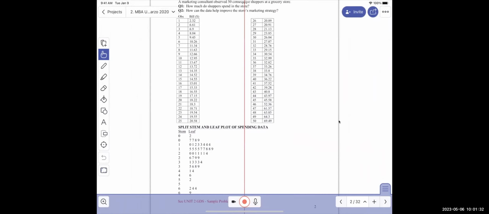And here's the data. I put the data out, I put the questions, and I've included a graph. So here's my graph. I want you to stare at this graph.